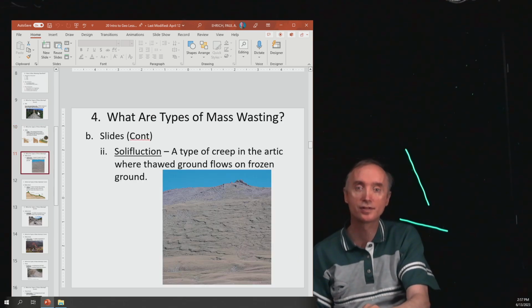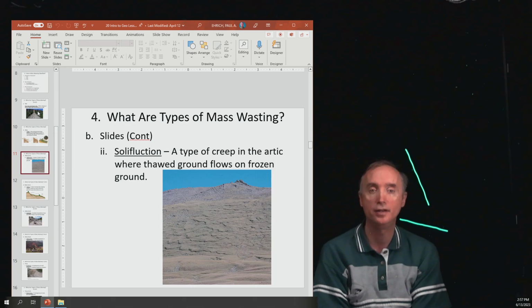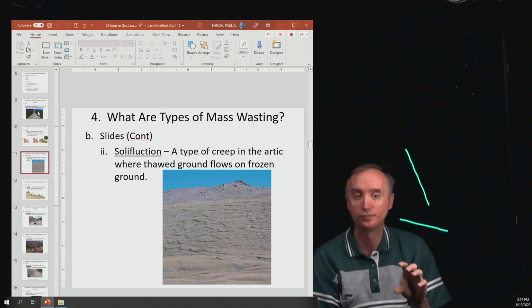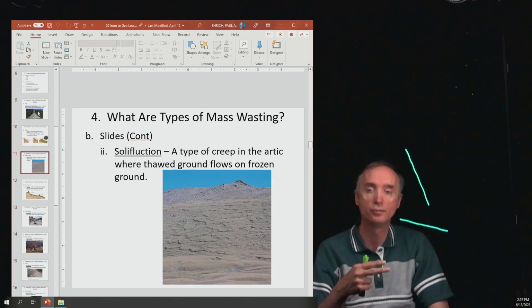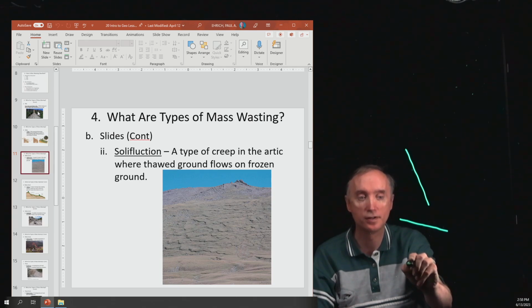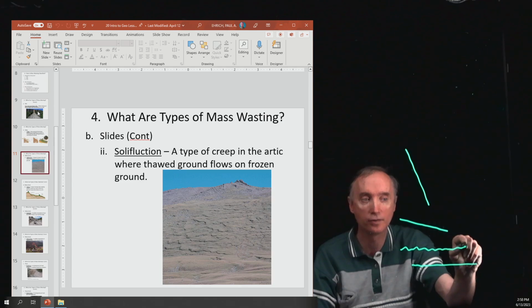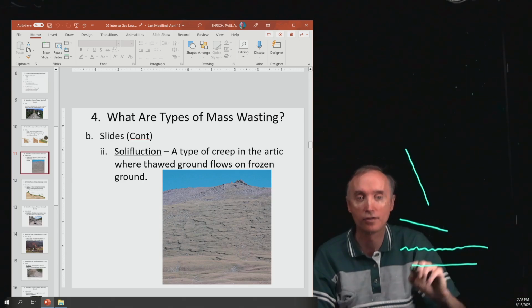Okay, another kind of slide is this one here, which is going to occur in the Arctic regions, where the upper layer of the soil thaws out, but then it refreezes. If you remember, in northern parts of the Earth, you have permafrost. What permafrost is going to be is the soil down here. So here's the surface of the Earth. This part here, this soil, during the summertime thaws.